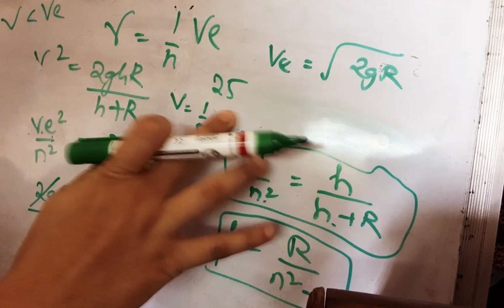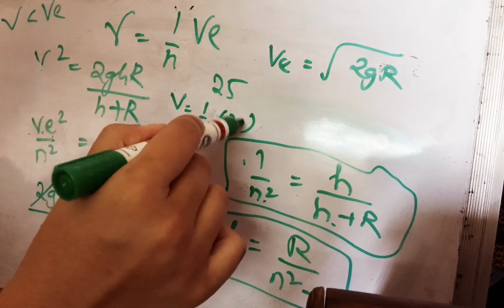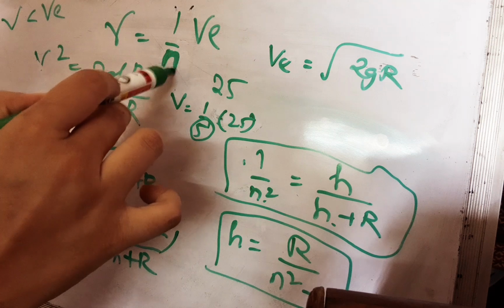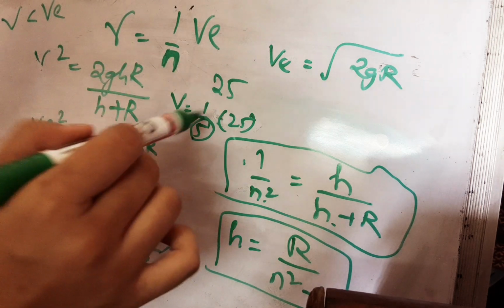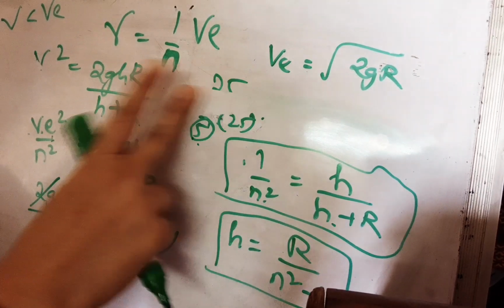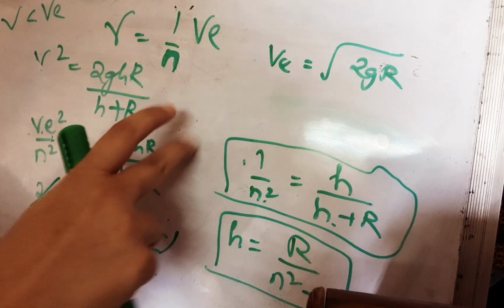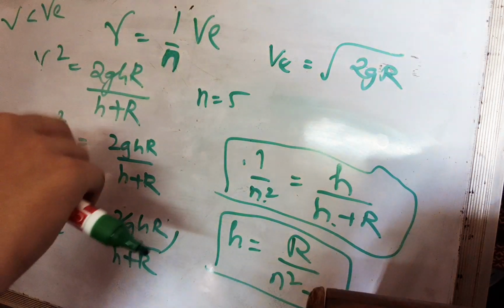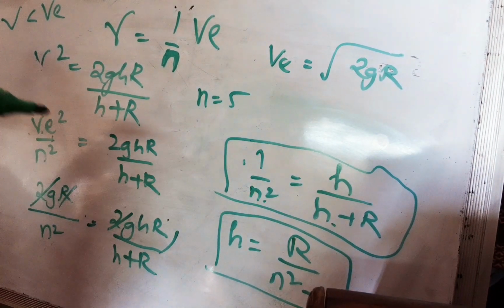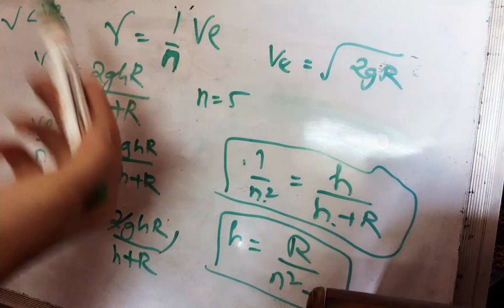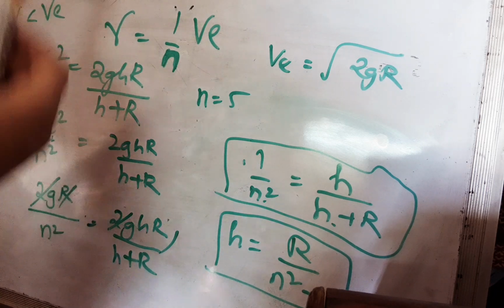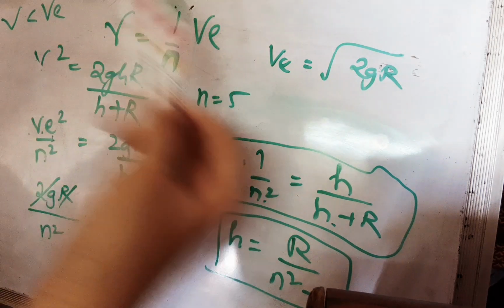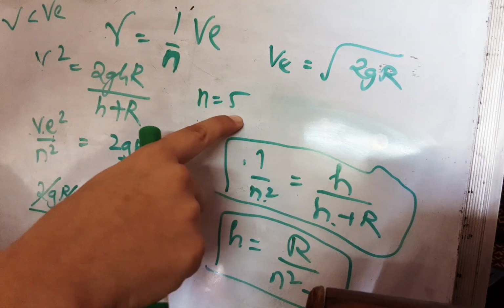So in place of escape velocity you have 25. So what is the n value? This n value is equal to 5, right? 1 by 5 times the escape velocity is given in the question, so you got n value as 5.